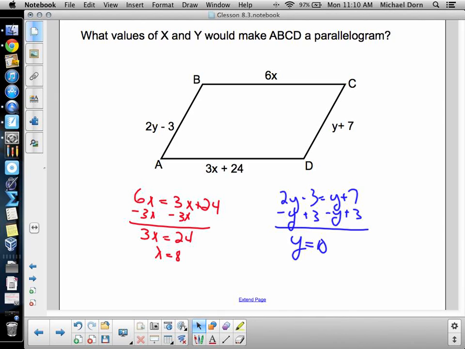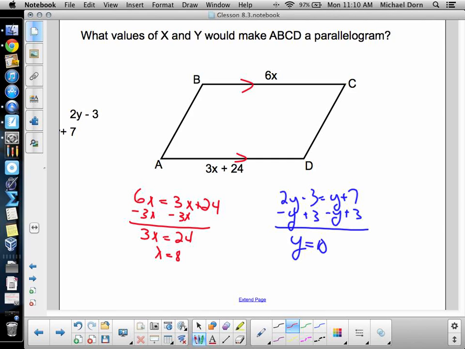Now the other thing we're working on, which I said was new, is what happens if we say just one pair of sides is congruent, but then we also know that same pair of sides is parallel. That's sufficient to show it's a parallelogram. If I know the sides are parallel and they're also congruent, one pair, same sides, parallel and congruent, that's enough to show it's a parallelogram.